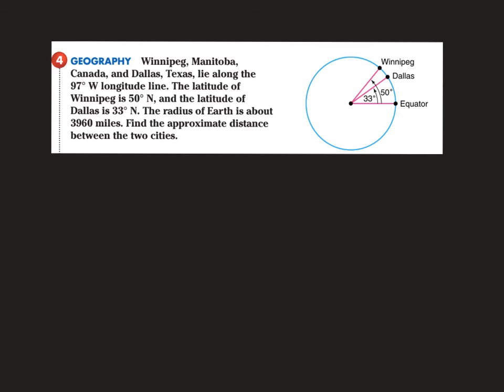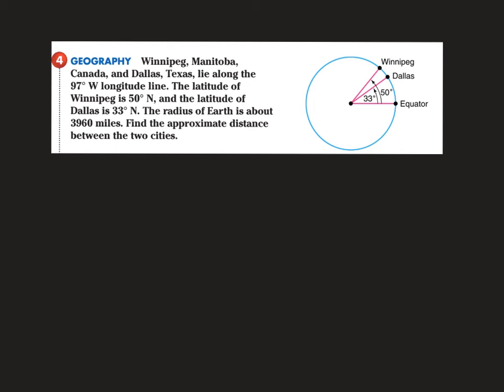In class, we worked out this geography example, and we're told that Winnipeg, which is in Manitoba, Canada, and Dallas, Texas, lie on the same longitude line, 97 degrees west. So essentially, Winnipeg is directly north of Dallas on the map, or on the globe, I should say.